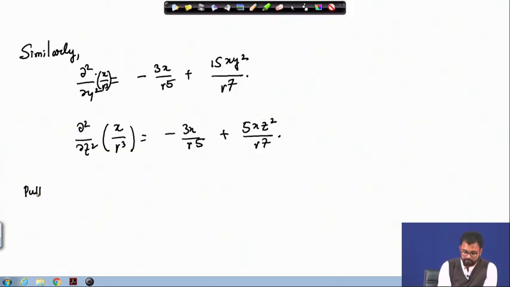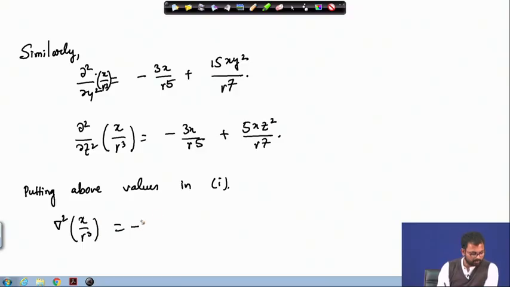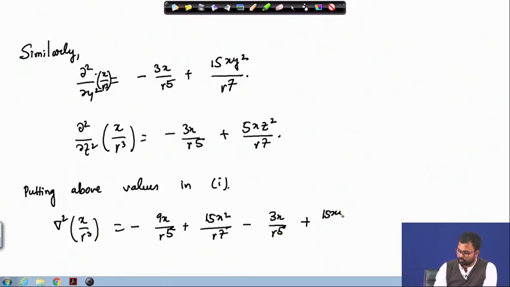Putting our values in 1, our Laplacian of x by r cube would result into minus 9x by r to the power 5 plus 15 x square by r to the power 7, minus 3x by r to the power 5 plus 15 x y square by r to the power 7, minus 3x by r to the power 5 plus 15 x z square by r to the power 7.